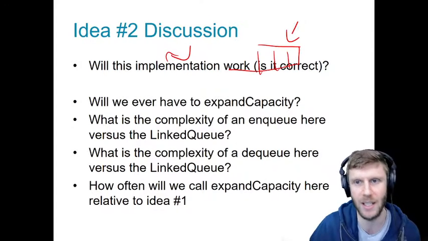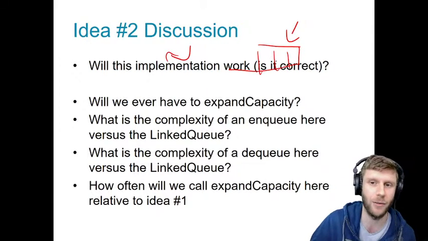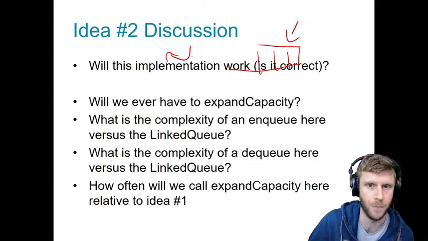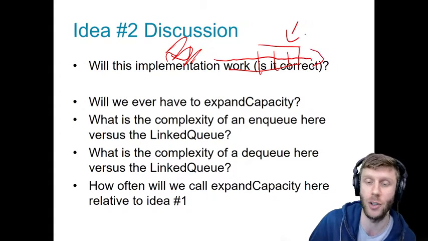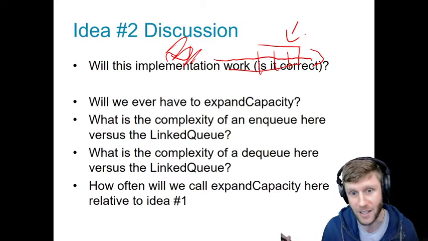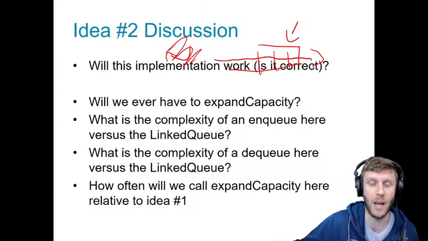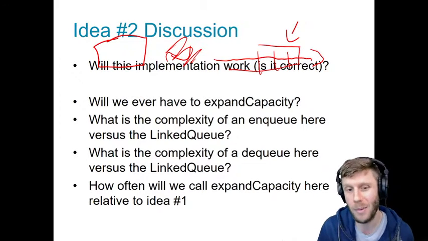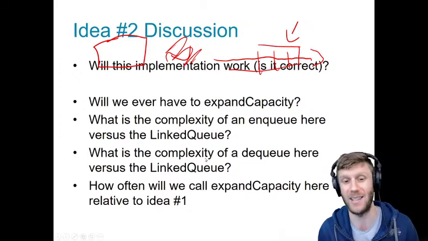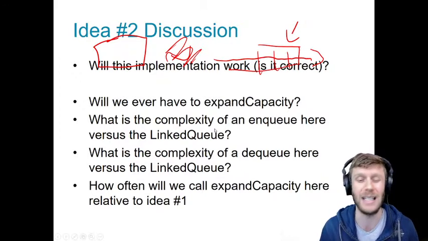But if I don't, I'm never going to free up space every time I do a dequeue. Meaning, this has the potential to grow way faster because we'll end up having wasted space in the front. And in the end, we're probably going to end up having to call expand capacity a lot more often compared to idea 1.